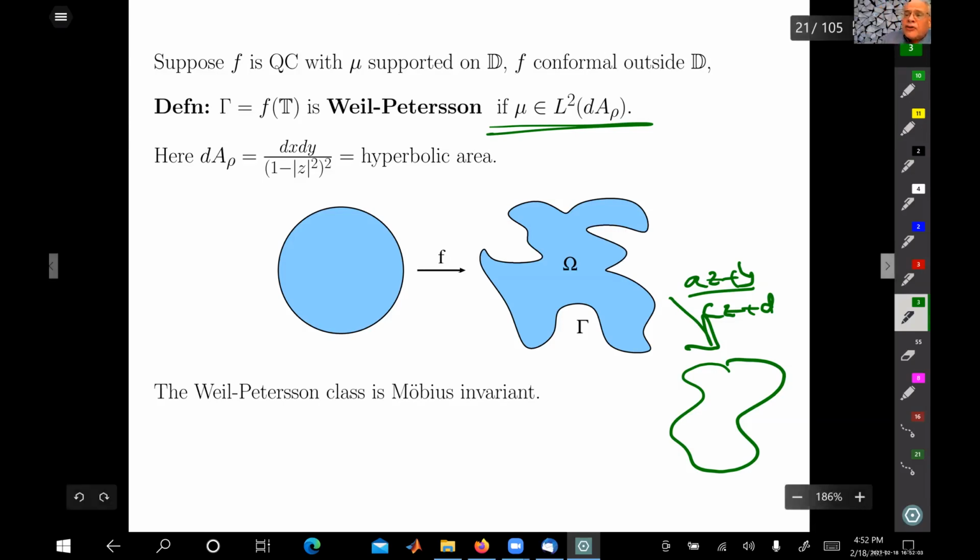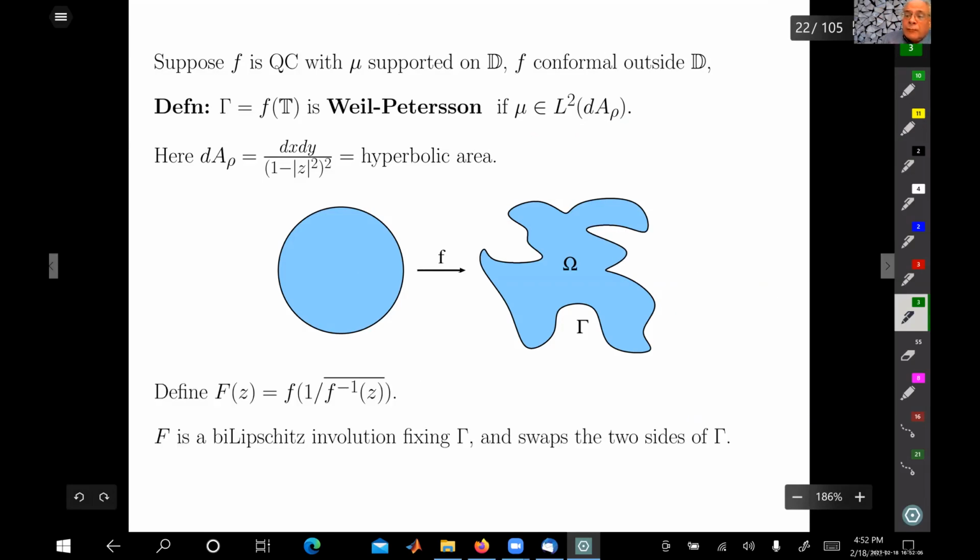The next thing we're going to use is a little bit more technical. This is sort of for experts, so don't worry if it seems a little obscure. If you take a point outside the curve here, I can take its inverse image under F, back here. This is the point it maps to. And I can reflect it across the circle just by the map 1 over z bar.